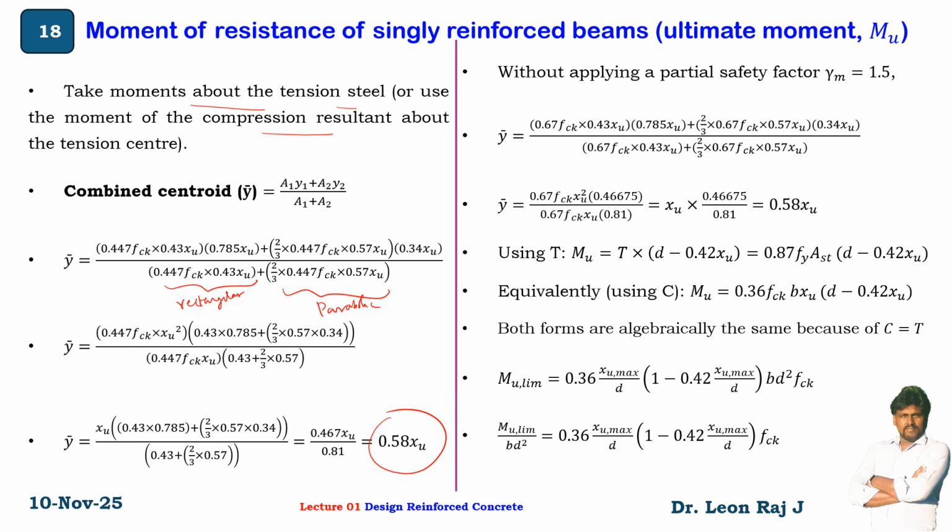So y bar you will get the value of 0.58 XU, that means from the bottom. This is the x-axis and this is the y-axis. So your parabola looks like this and the straight line comes like this.